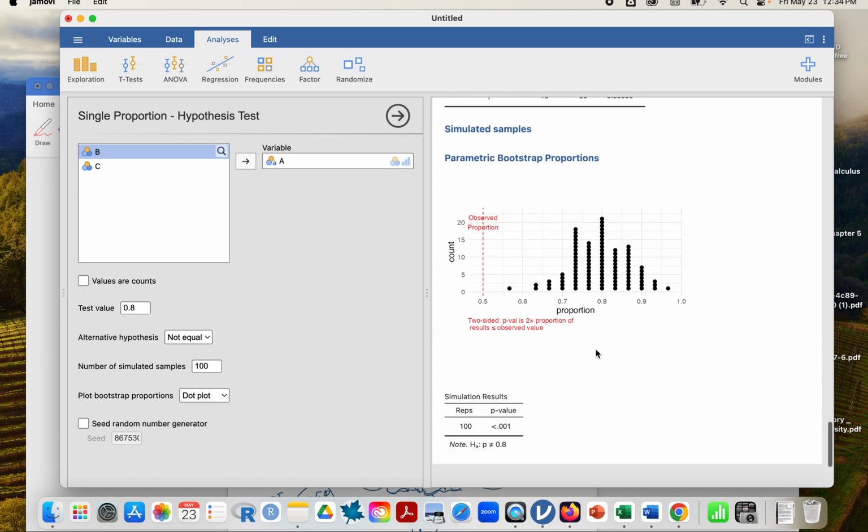So if our proportion or our percentage average was 80%, these are the guessers. That's the person that guessed. That would be 50%. These are the results that we had that individual studied.